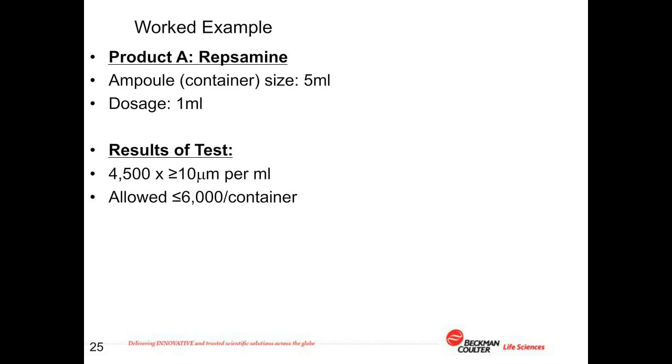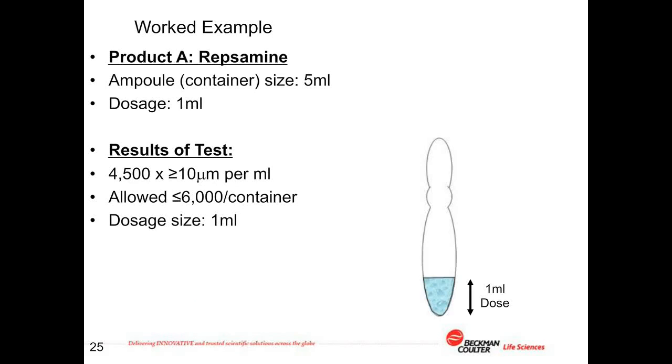In fact, as I said, we're allowed 6,000 counts per container, and the dosage inside that ampule is just 1 milliliter. So in fact, it's not the size of the container that counts, it's the amount of the product inside the ampule. So in fact, it's 4,500 counts times 1 milliliter, which means 4,500 counts per container. So in fact, it's a pass, not a fail.